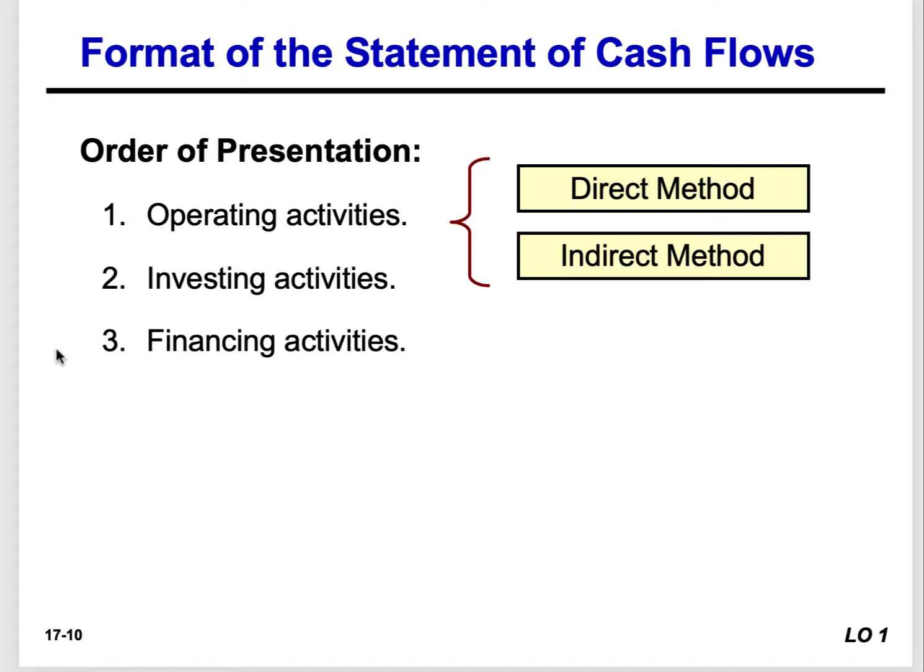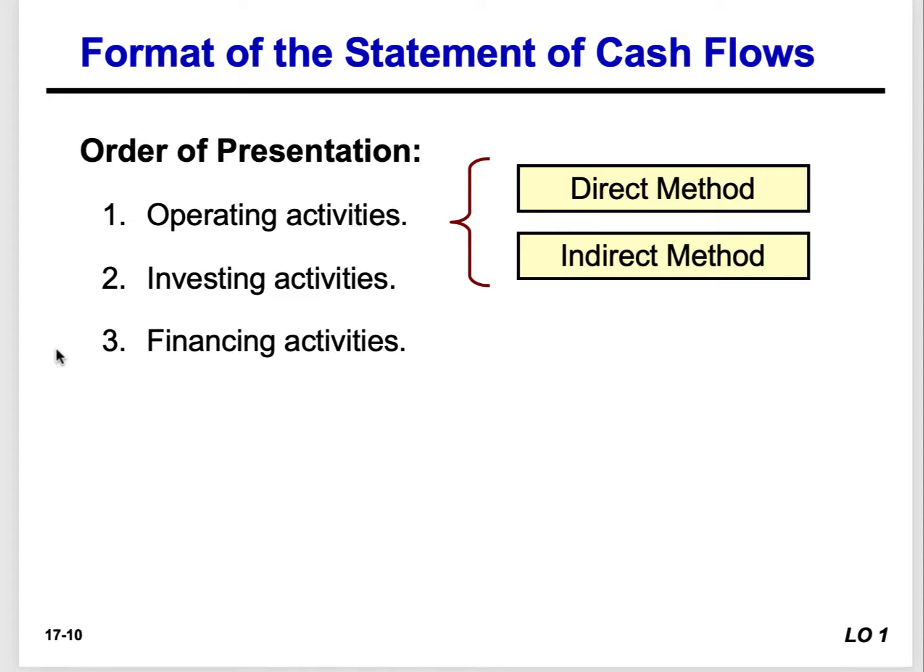Now, when we're looking at the operating activities, there are two methods we can use to calculate cash flow from operating activities. We can either use the direct method or the indirect method. Now, the good news is that we are only going to focus on the indirect method.